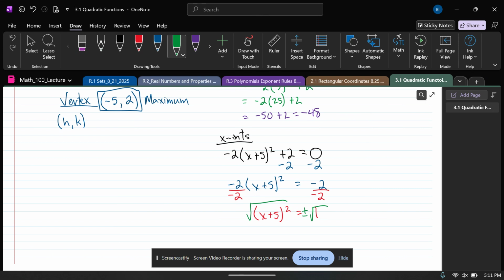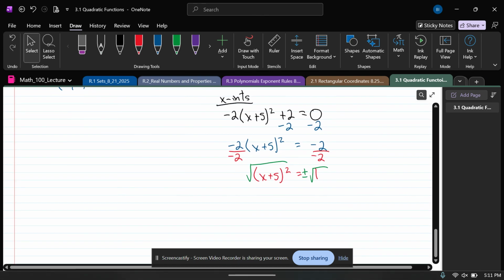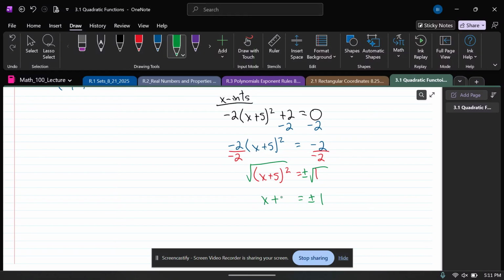So that's why we've got to put that plus or minus in front of that. And then I'm going to work out that square root if it can be worked out. In this one, it can. So that's going to be plus or minus 1. On the left-hand side, it gets rid of the squared, and all I've got left is the stuff that was inside there, x plus 5. So now I have 2 equations to work here. I have x plus 5 equal to positive 1.